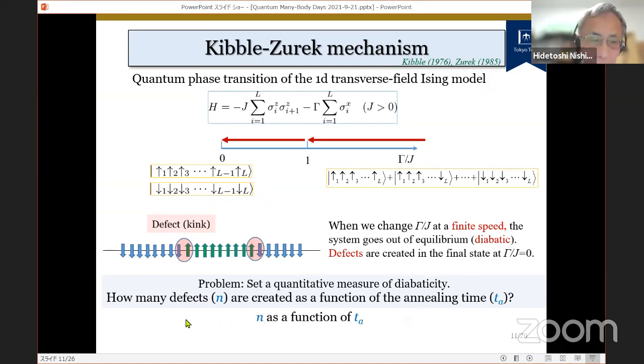So the problem is how many defects are created as a function of the annealing time. Intuitively, if T_A, the annealing time, is infinite, then the system will stay in the instantaneous ground state by the adiabatic theorem. So n will be 0 for T infinity. And generally, n will be a decreasing function of T_A.